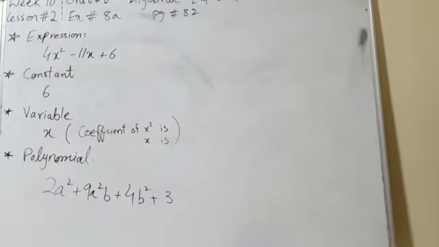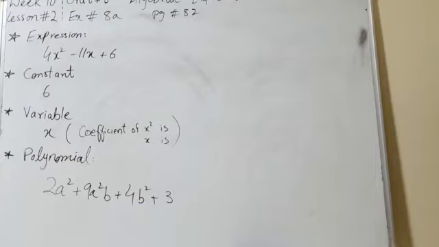Let's recall the main terms we have studied yesterday, that was expression. The example we have right now is 4x square minus 11x plus 6. Now, expression is combination of constants and variables. Here you can see the constant we have is 6. That is a fixed numerical value, and variable used here is x.